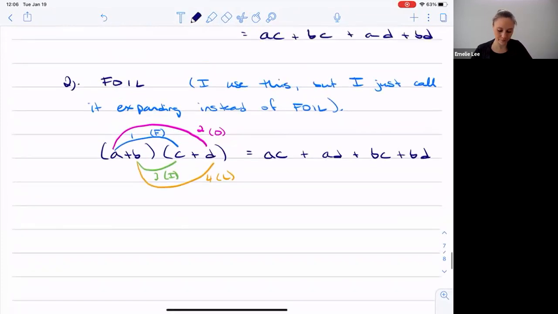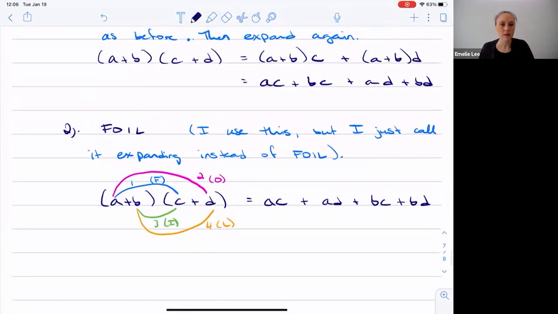There. Notice that besides the order of these terms changing, we end up at the same thing. AC and BC kind of moved a term. AD is in here too, and BD.